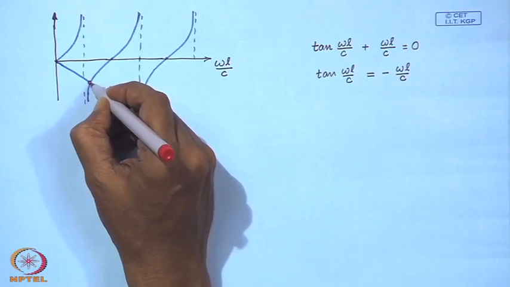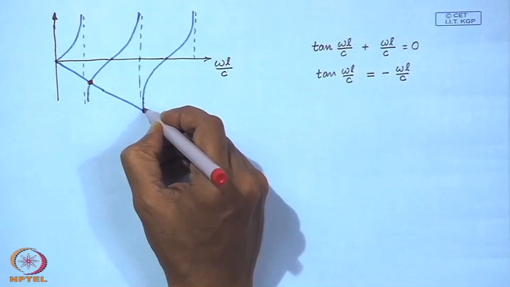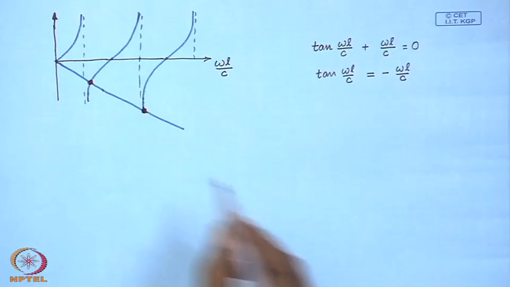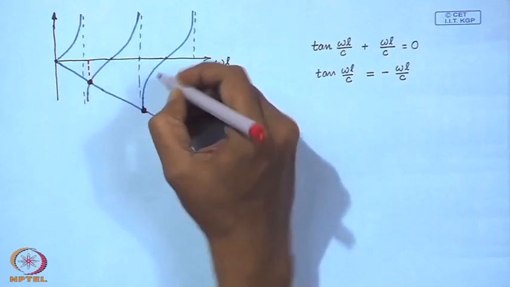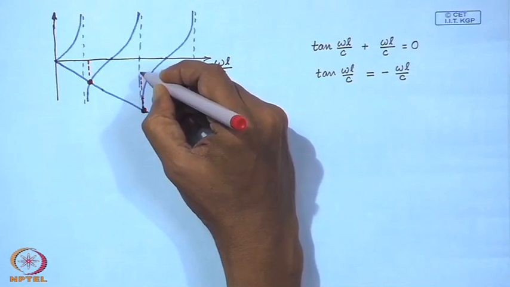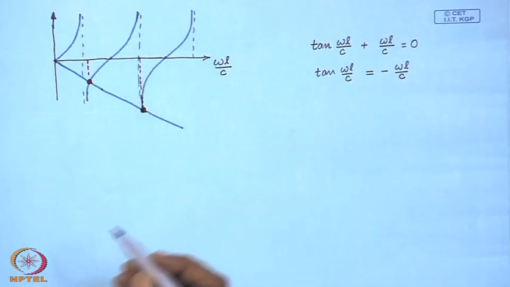So, these two functions are equal at these points, which represent the solutions of the transcendental equation.